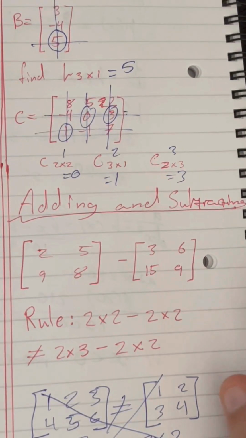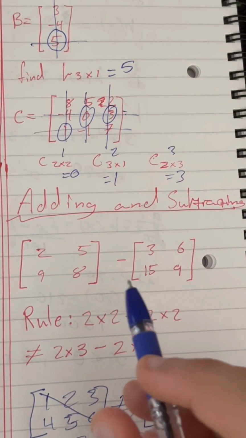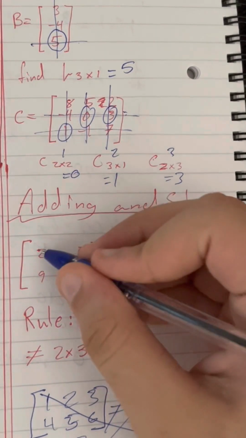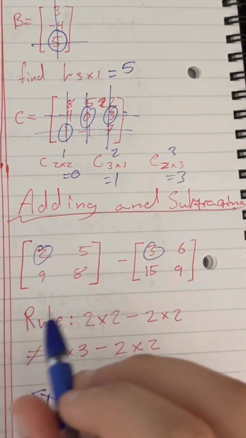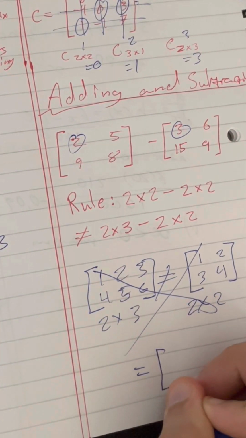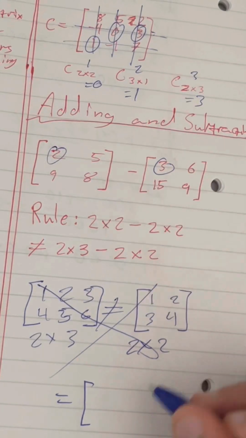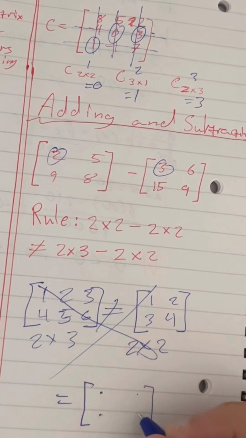For this first example, it's just regular subtraction and addition. With the first element, we subtract, so it's 2 minus 3, which is minus 1. For our answer, we'll have a 2 by 2 matrix. These are our 4 elements.